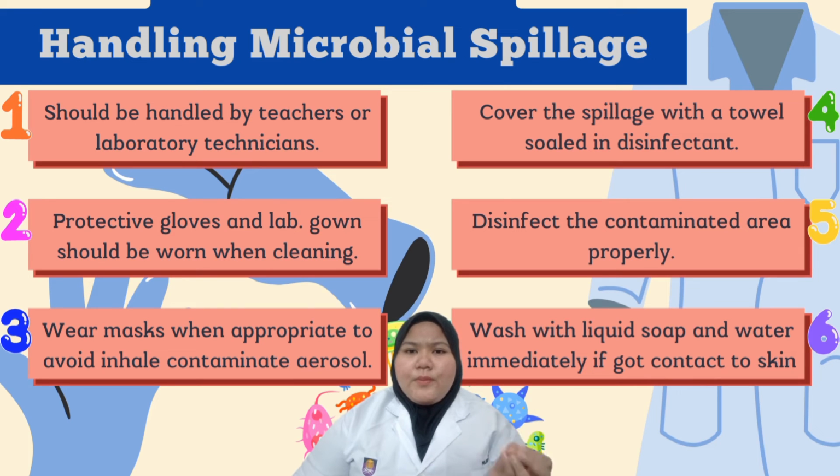The towel should be left in place for 15 minutes and then swept into a suitable container. The contaminated area should also be disinfected properly and thoroughly. In case the skin comes into contact with the spillage, the person needs to wash with liquid soap and water immediately and seek medical help if necessary.